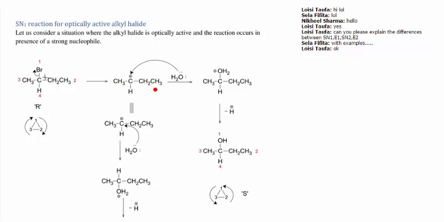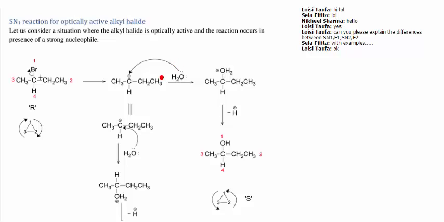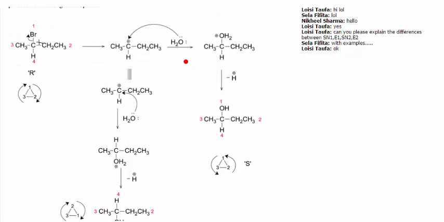Since there is already a secondary carbocation, since it's only attached to one hydrogen, regardless of whether another hydrogen moves or does not move, it will still be a secondary carbocation. So once the nucleophile gets attached to this carbocation, we are left with two molecules.